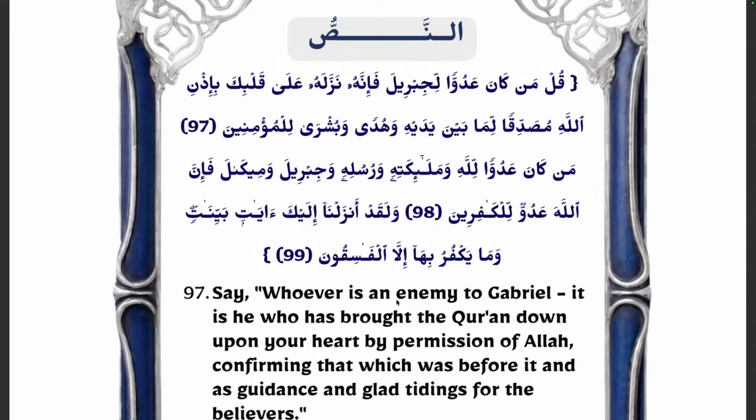So what the verse mean? You are an enemy and you're still an enemy. So when Allah say, Man kana aduwwan li Jibril, whoever was an enemy to Jibril, meaning he was and he still is. Now why didn't Allah say whoever is an enemy to Jibril? Because this enmity they had for Jibril was something ongoing from the past.